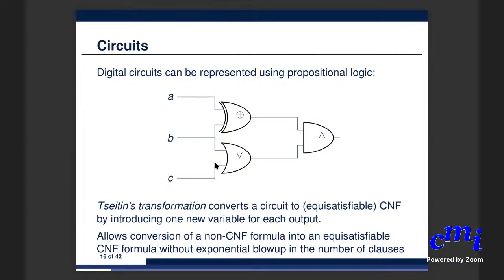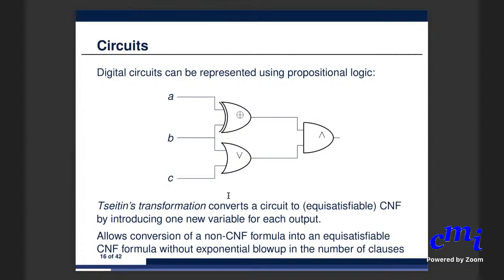Because when you try to do this, you'll have to use De Morgan's laws and distribute and over or, etc., depending upon how these Boolean connectors are defined in terms of or, and that can cause a blow up in the number of clauses that you eventually produce.